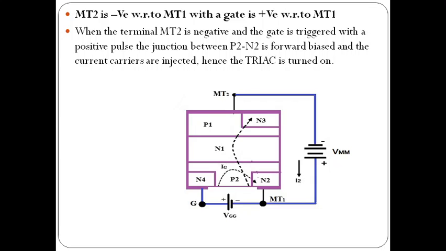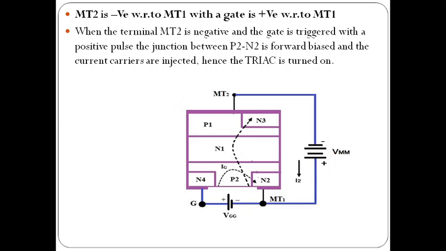So simply you can say here we are having the two SCRs in anti-parallel manner. When we are applying forward bias and a positive trigger, one SCR will conduct, and with the same forward bias and a negative gate pulse supplied, another SCR will conduct.